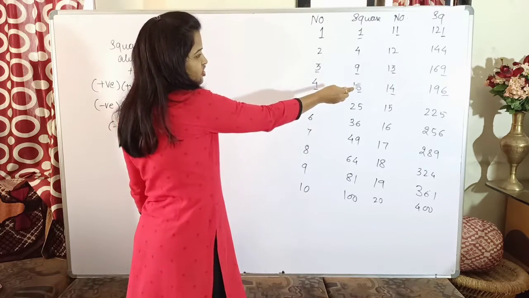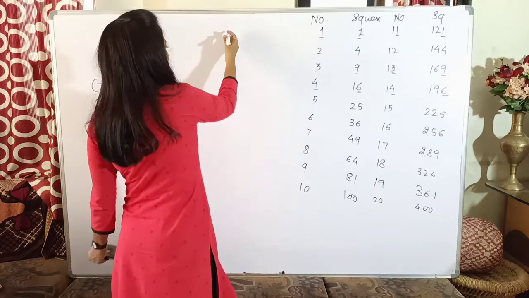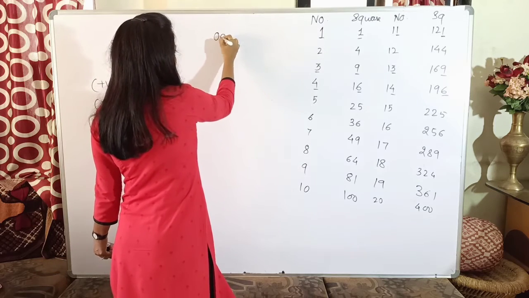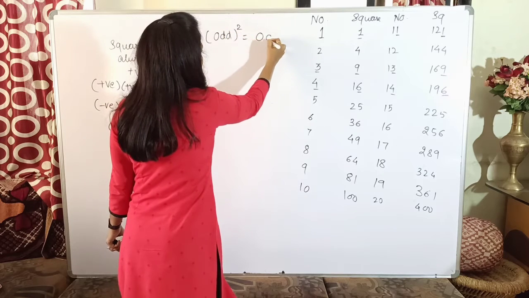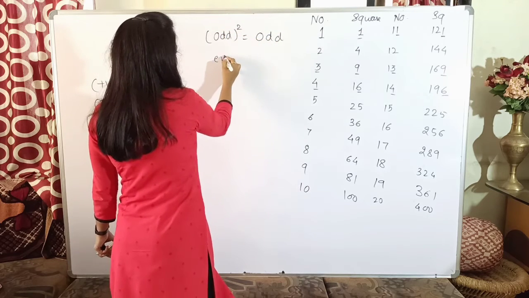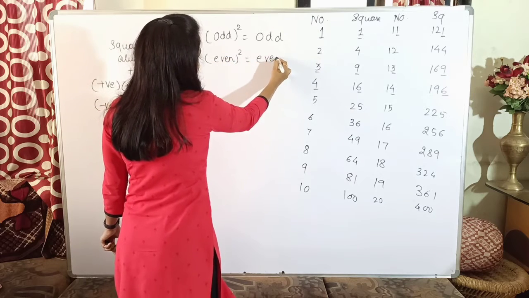4, 16, 14, 196. So which implies that if you are taking an odd number, its square, your answer will be an odd number itself. And if you are taking the square of an even number, your answer will always be an even number.